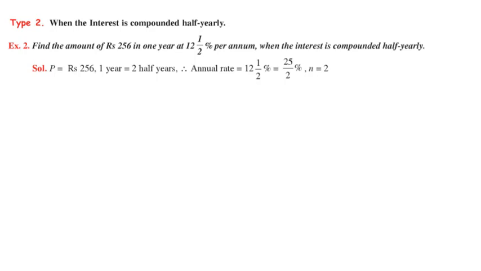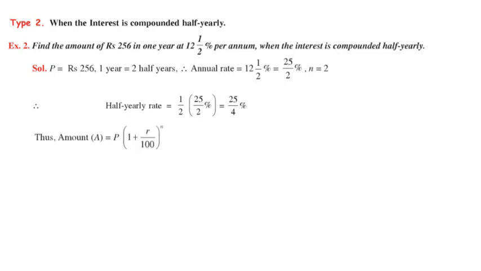So the value of n will become 2, and the annual rate is 12.5%, which is 25 upon 2. So therefore the rate of interest for 6 months, that is the half yearly rate, will become 25 upon 4. I will divide this 25 upon 2 by 2 and get the half year rate as 25 upon 4.